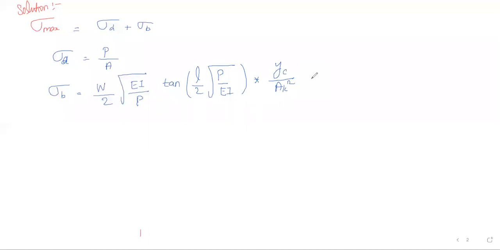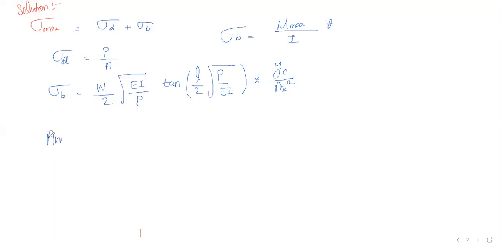So now we have to calculate these things, M max and these values. In other words, we denote that as M max into Y divided by I, so the I value we have to calculate.